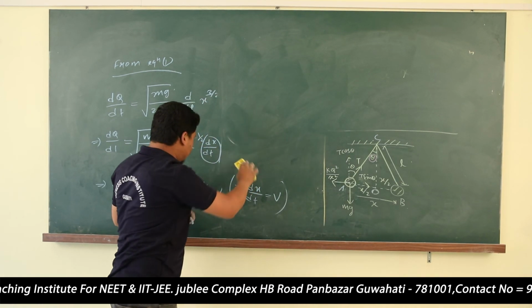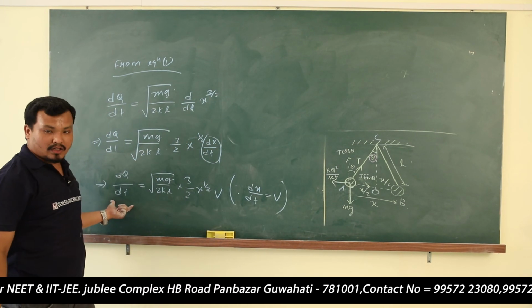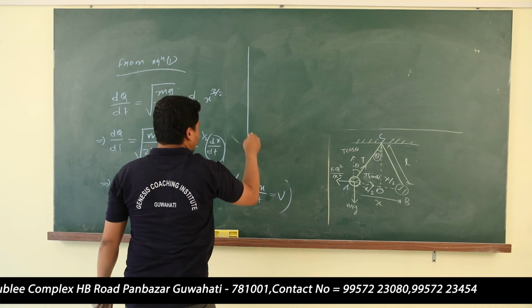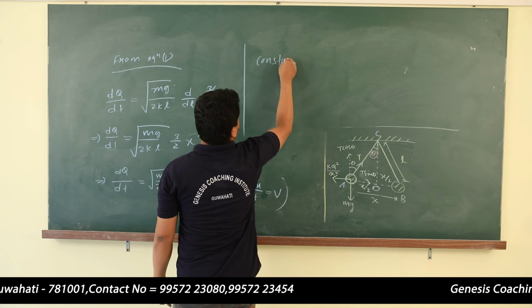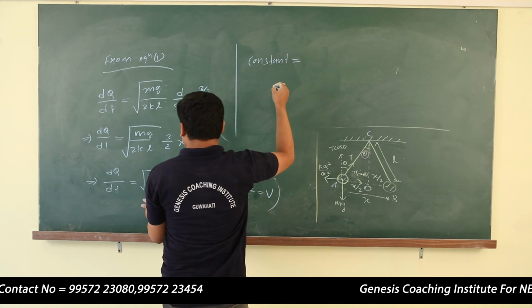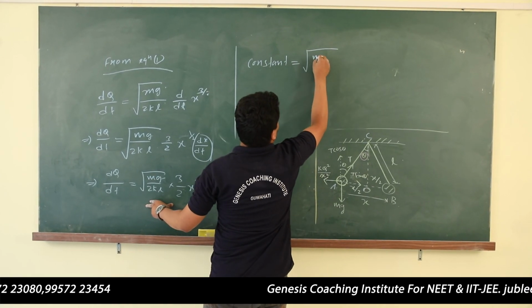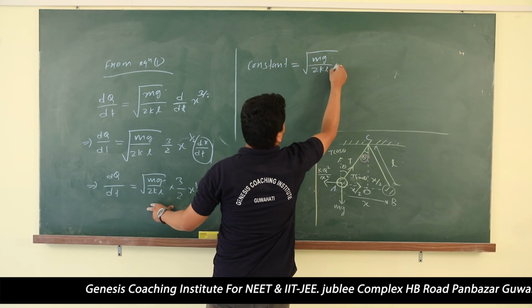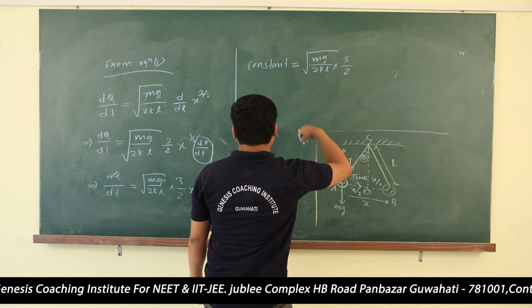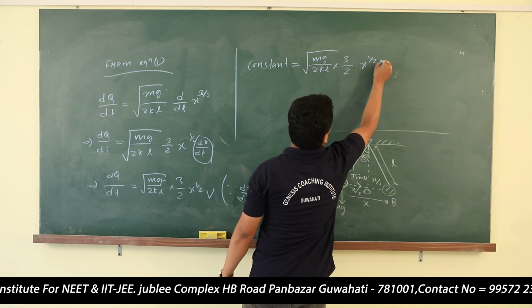Applying the given condition that dq by dt is constant, we get constant equals root over mg by 2kL into 3 by 2 into x to the power half into v.